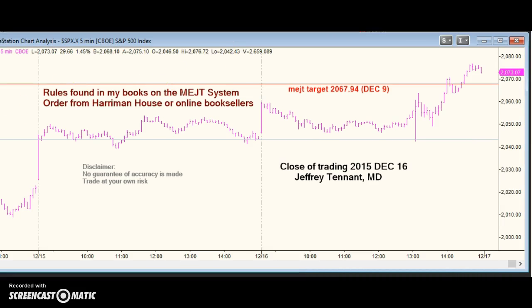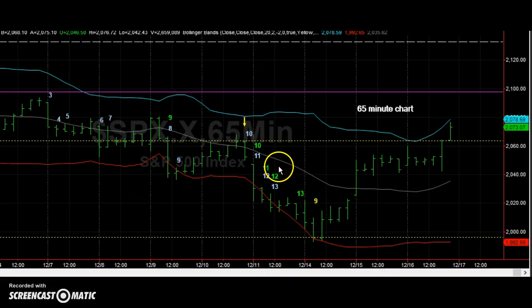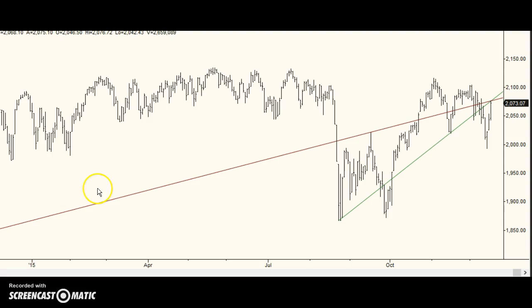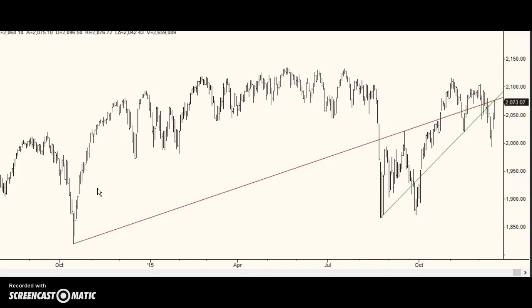The same resistance can be found on other time frames, like here. There is what I consider to be very strong trend line resistance on the daily chart. If you connect that low and that high, you get this high on the nose. Connect that low and that high on the nose too. I don't think that's an accident.